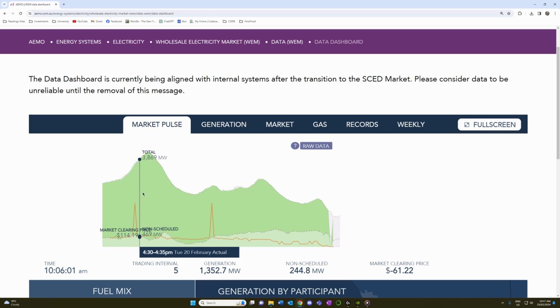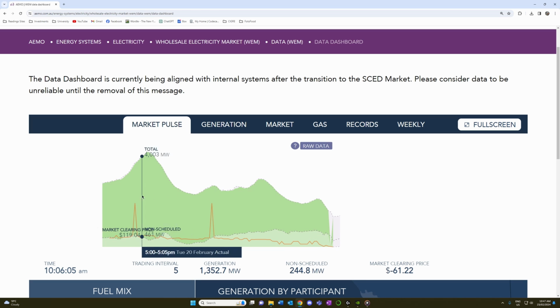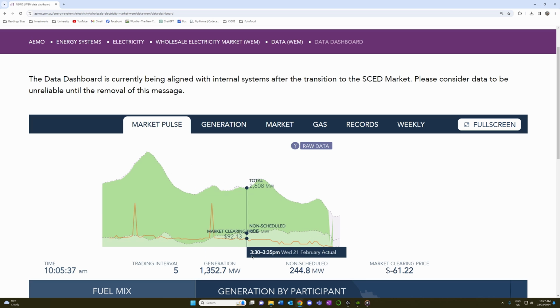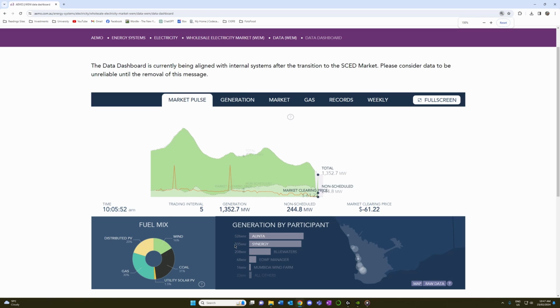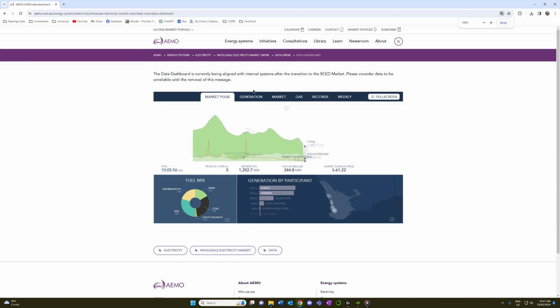They obviously have pretty good forecasts, so they know essentially what the demand is going to be and can schedule that ahead of time. And then the light green at the bottom is the short-term energy market. It's essentially the gap between what they've previously scheduled and what the demand actually is, supplied by the short-term energy market. So the WEM actually has a pretty efficient way of supplying their capacity. And yeah, it's a pretty cool network actually.